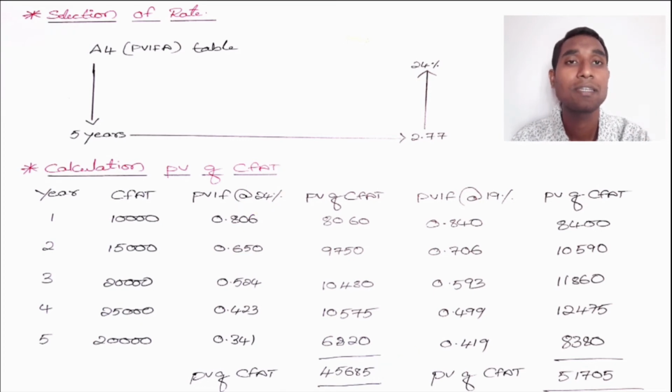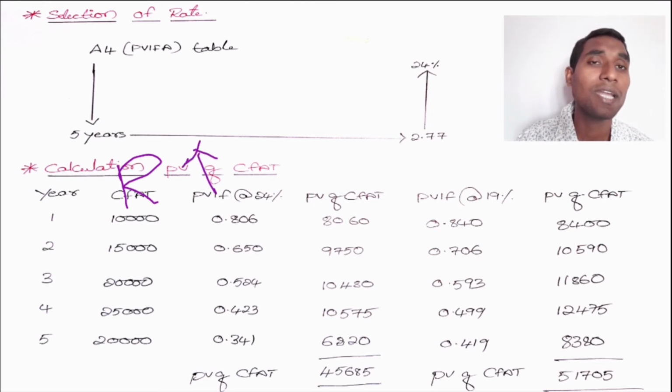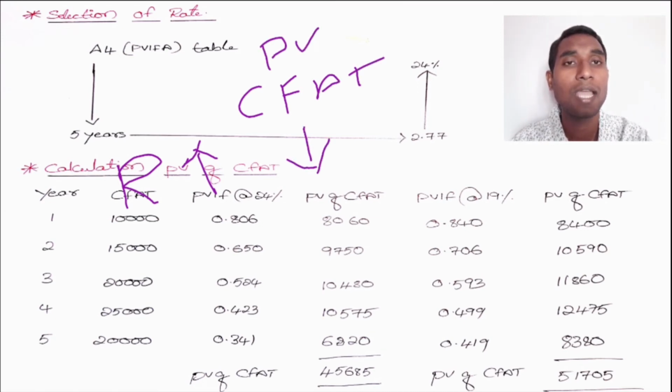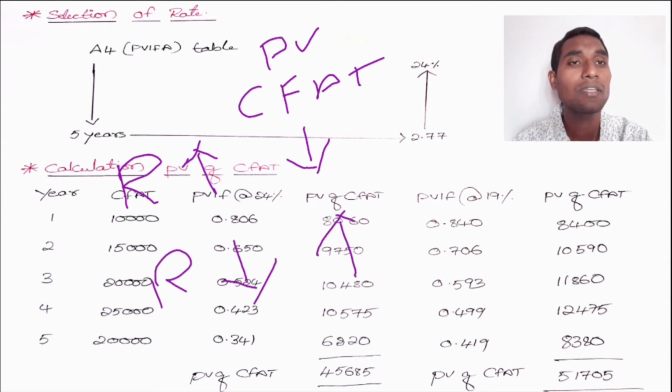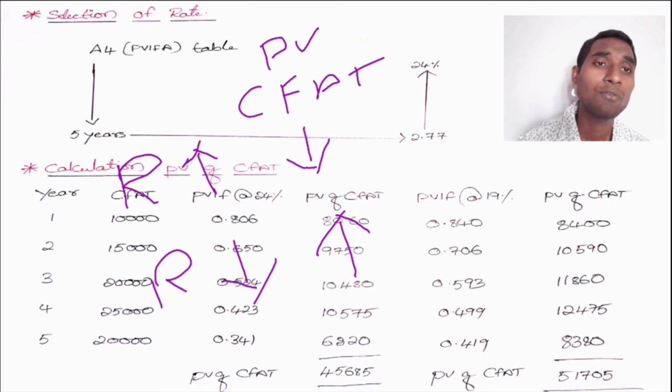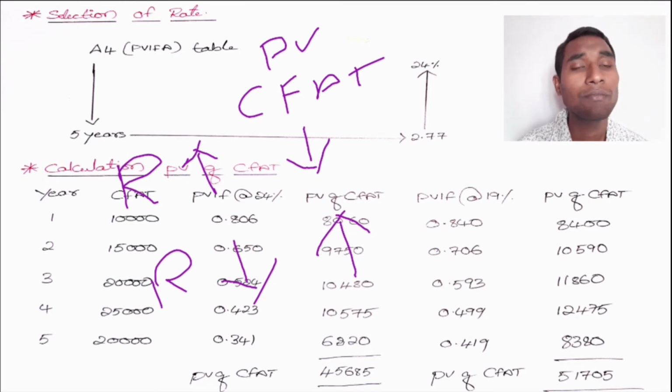In case of rates, if you try at a higher rate, the PV of CFAT goes down, and if you try at a lower rate, the PV of CFAT increases. So a small logic: when you try at a higher rate, the value goes down. When you try at a lower rate, the value increases.